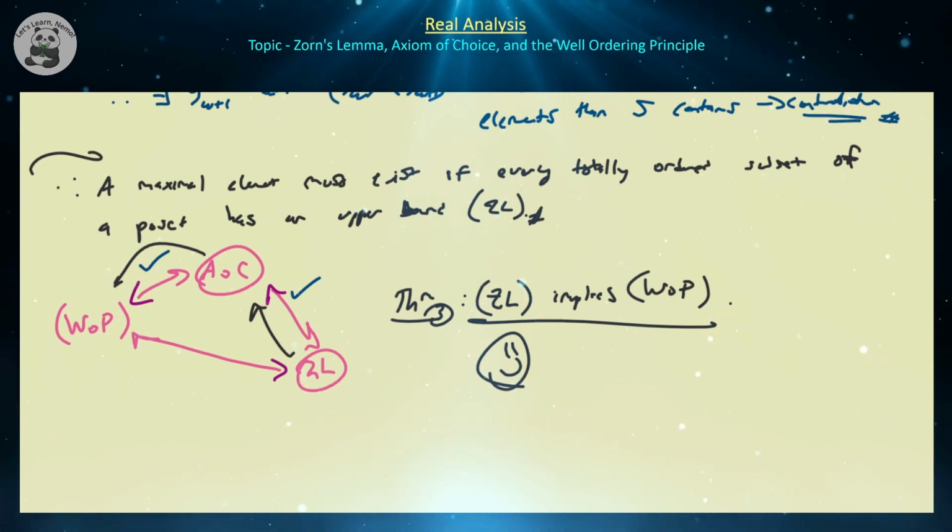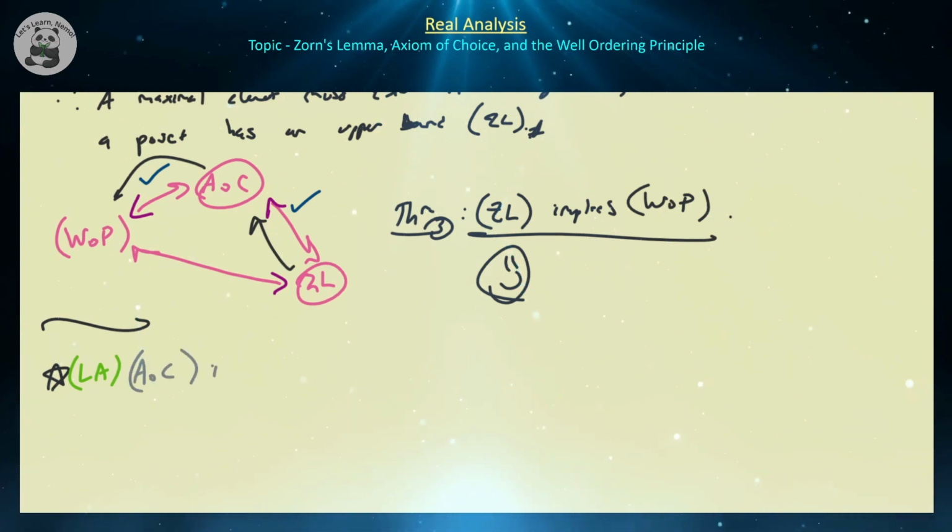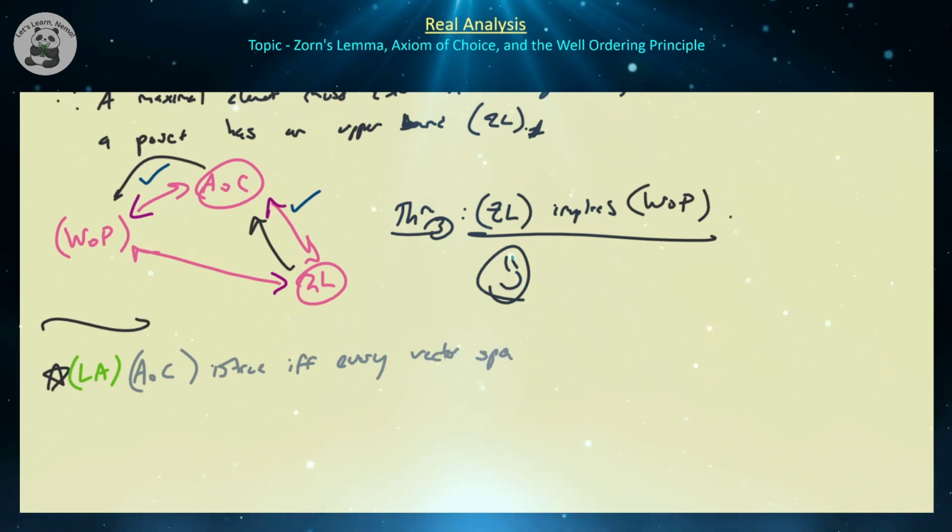Now, I do want to mention just something very slightly, especially if you've taken linear algebra, right? So if you know anything about linear algebra, you might know a lot of things about vector spaces. So keep in mind, if you have the axiom of choice, then this is true, actually, if and only if every vector space has a basis, right?